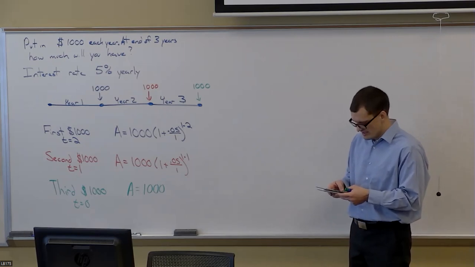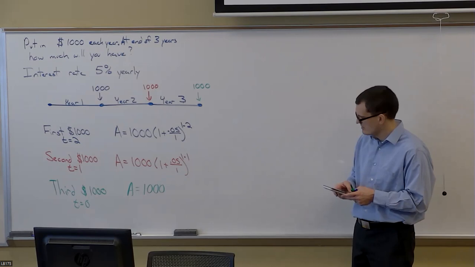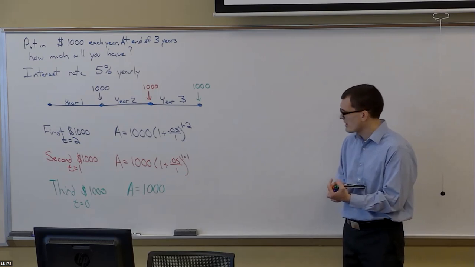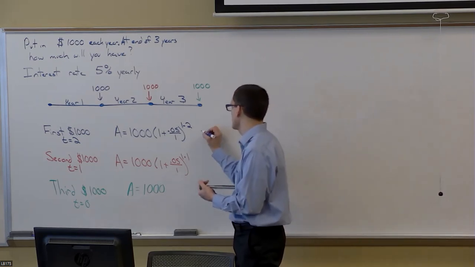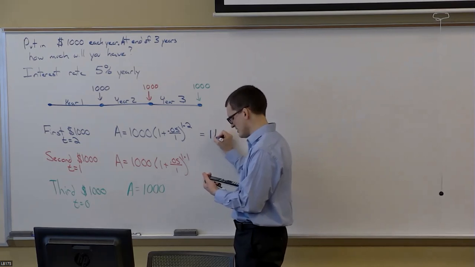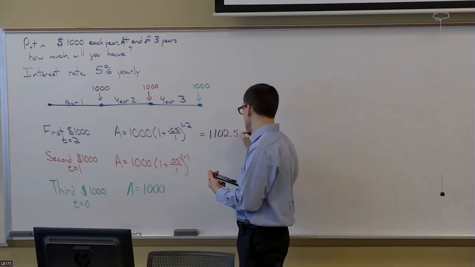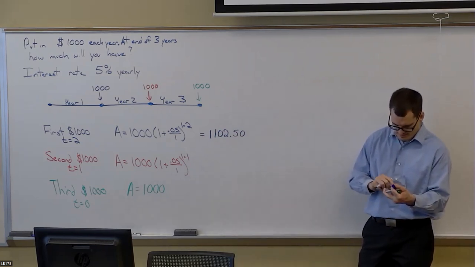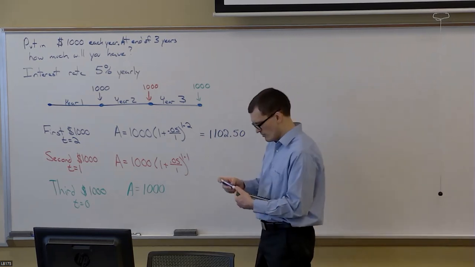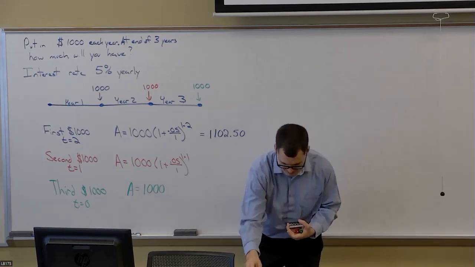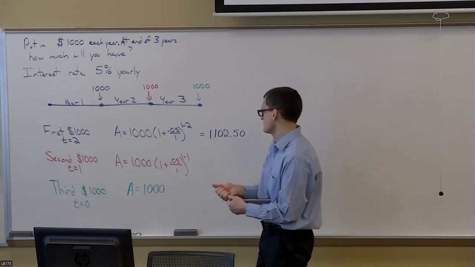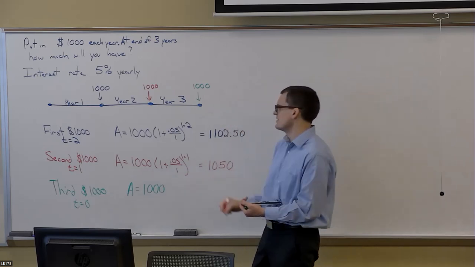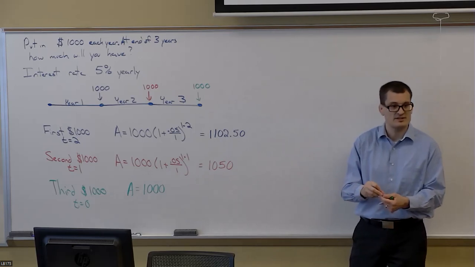So that first $1,000 yields $1,102.50. That second $1,000 earns $1,050. And the third $1,000 is just $1,000, right?